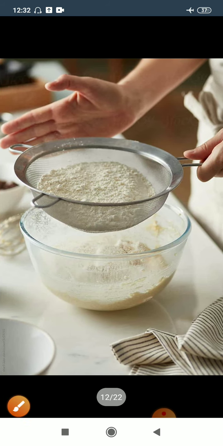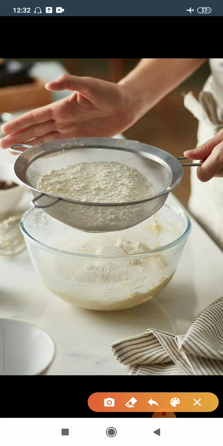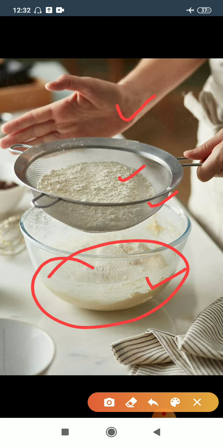Now you can see here flour, a sieve and one bowl. Why is this person using this sieve for separating the fine particles of flour? Just because in this flour some husks were left out and some solid or big substances were involved in this flour.